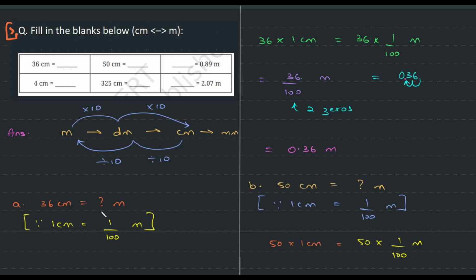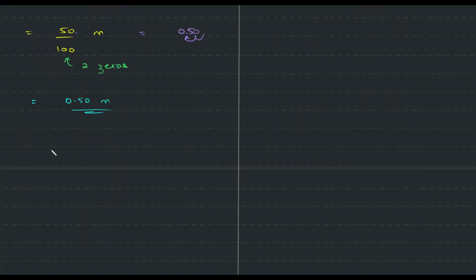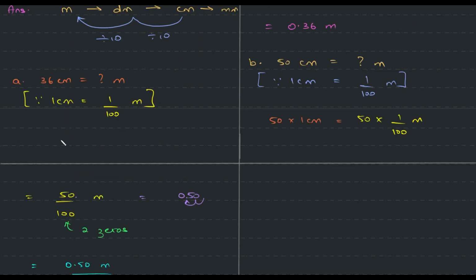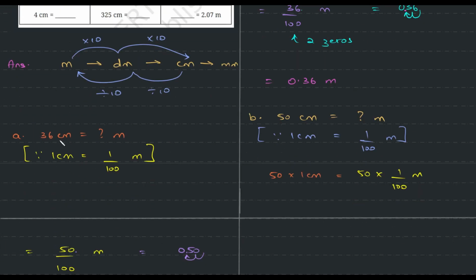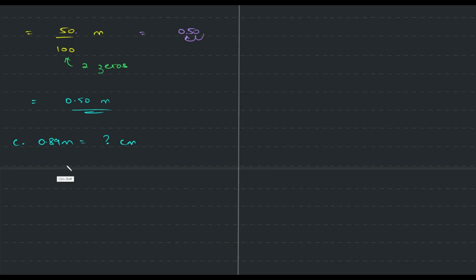And then we have the third question, 0.89 meters is equal to how many centimeters? This says ABC, I think C. Oh yeah, we are still in C, 0.89 meters is equal to how many centimeters?